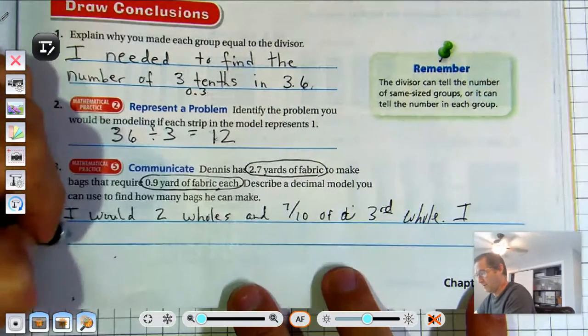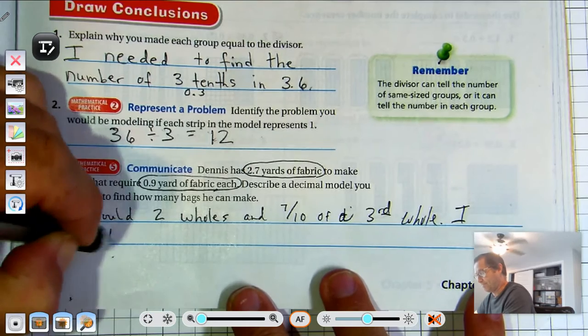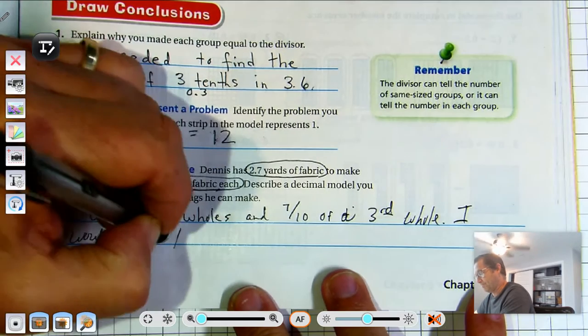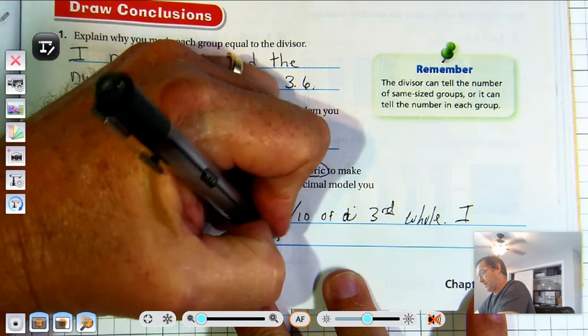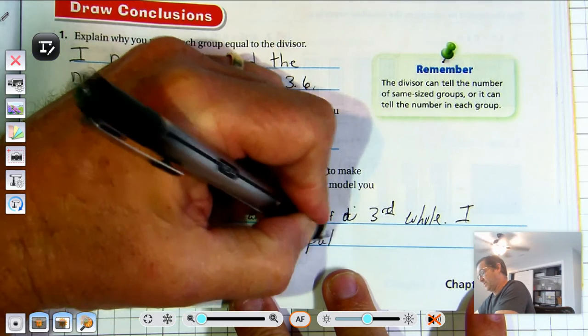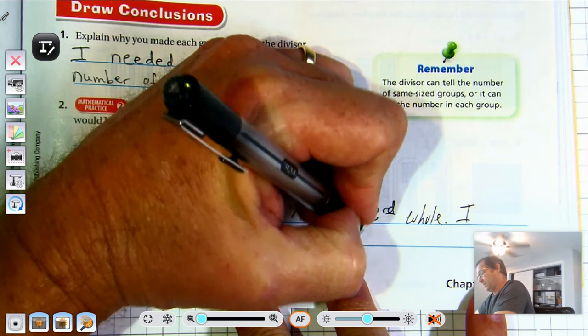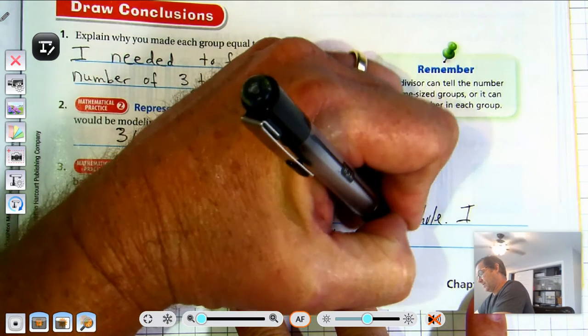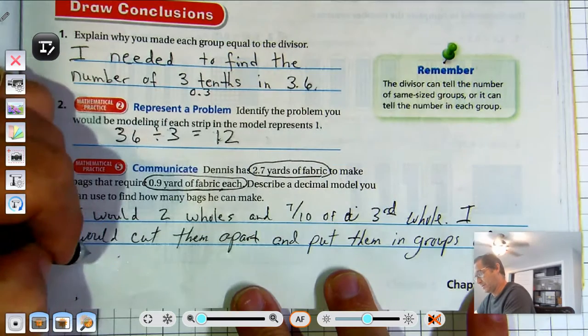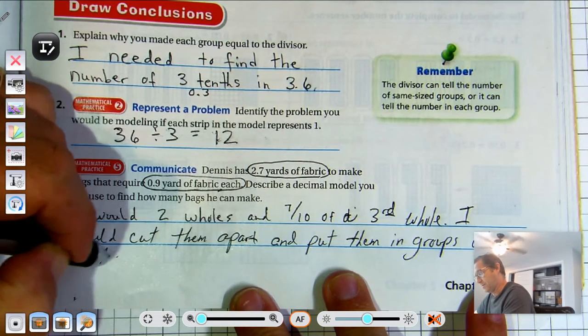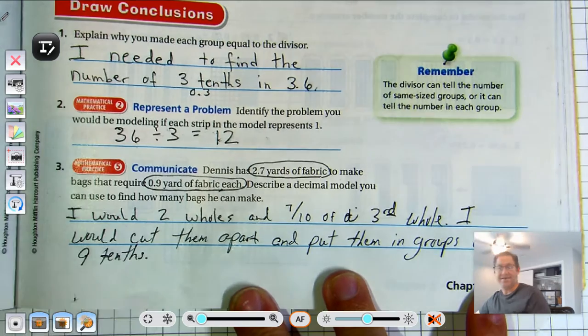I would cut them apart and put them in groups of 9/10.